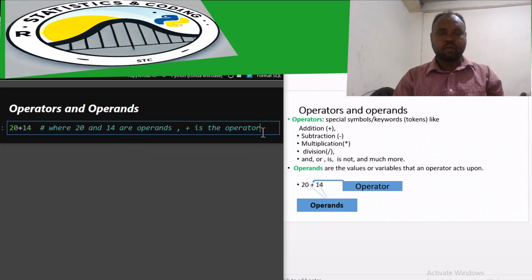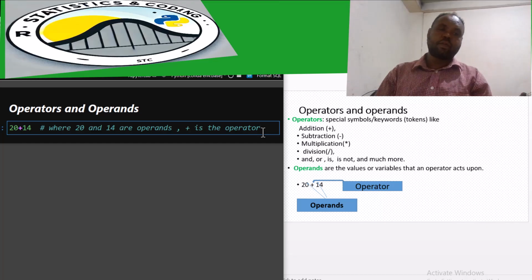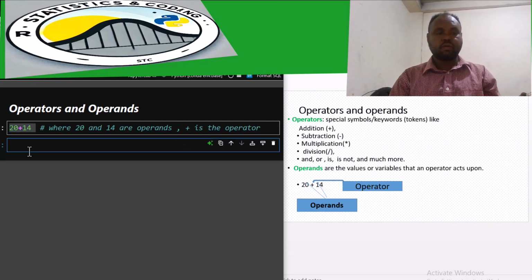Right? So you can understand operators and operands with this simple expression. This is called the addition operator.